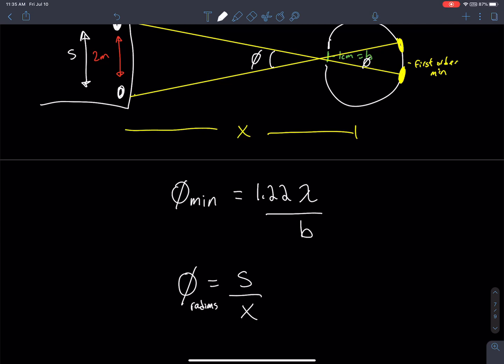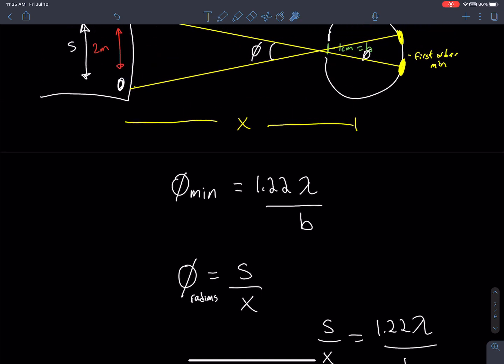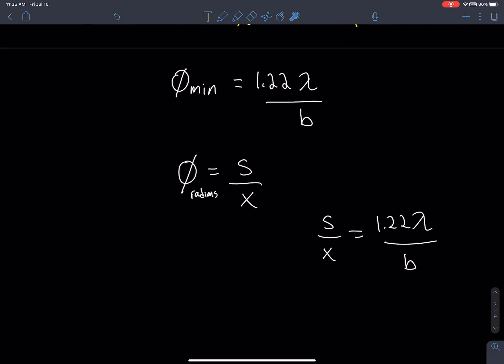Knowing that, I can substitute S over X is equal to 1.22 lambda over B. So in order to calculate that maximum distance, I'm going to rearrange this formula. S times B divided by 1.22 lambda is going to be equal to X.